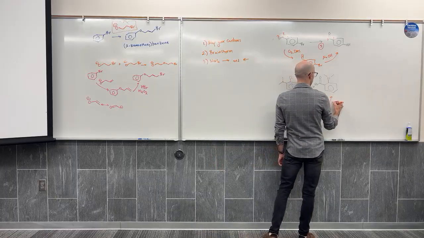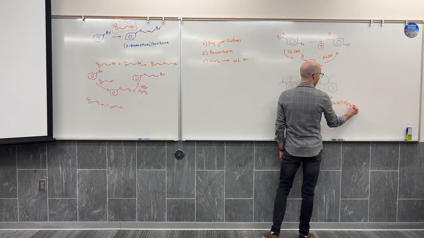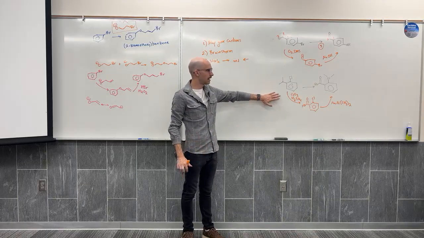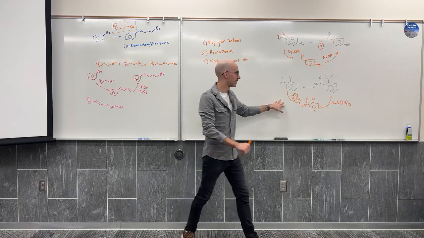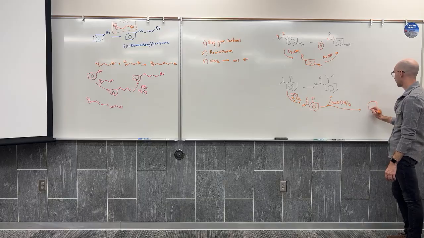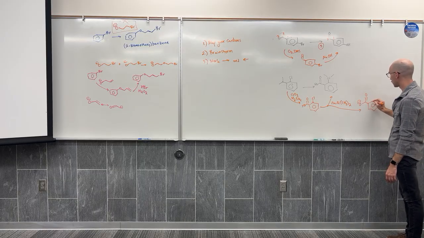And then NAS with sodium dimethylamide or potassium dimethylamide or just dimethylamide. The problem is we've created a good acid in the presence of a very strong base, which means this reaction is never actually going to give us the NAS that we want. It's just going to give us a negative charge here.